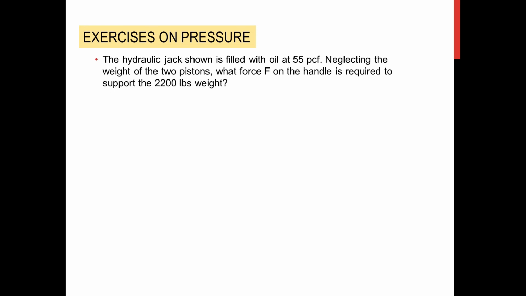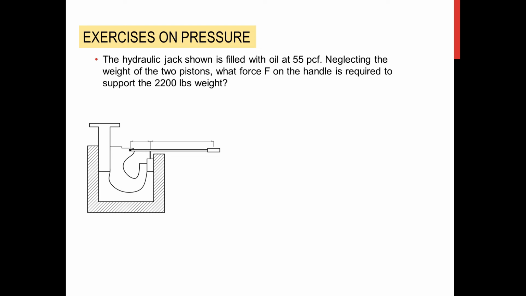Next we have the hydraulic jack shown, filled with oil at 55 pounds per cubic feet. Neglecting the weight of the two pistons, what force F on the handle is required to support the 2,200 pound weight? Here's the setup of the hydraulic jack.